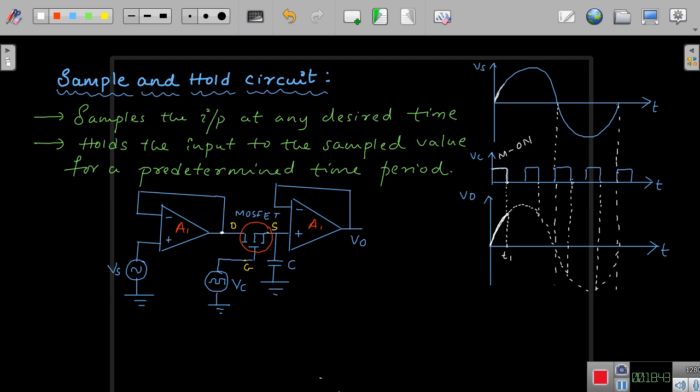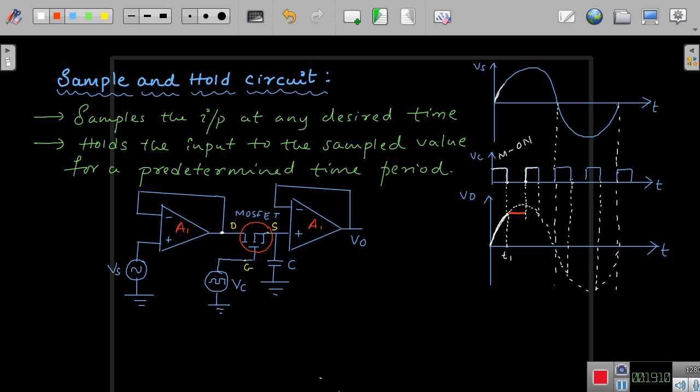This is the second time where you are going to sample, between these two instants, so your input value is going to be held to this value. This is what is sampling at T1 and holding the sampled value till the next sampling instant comes.